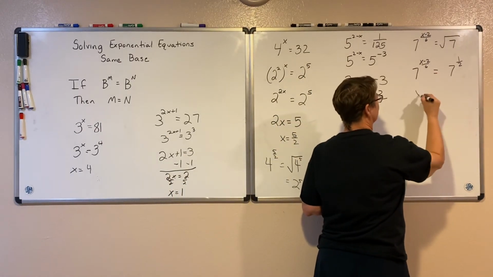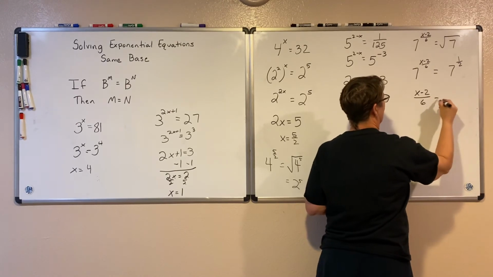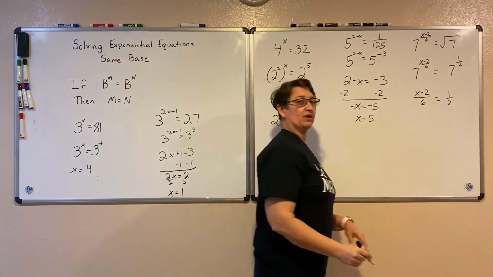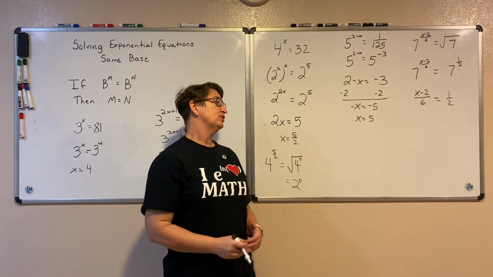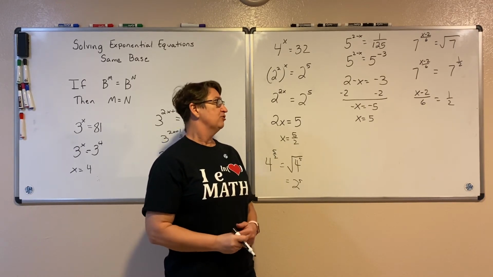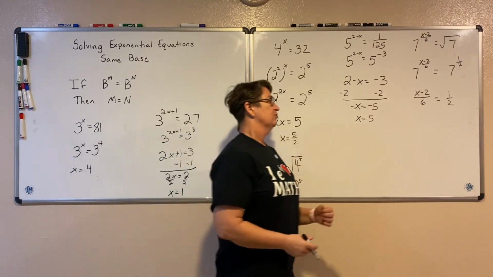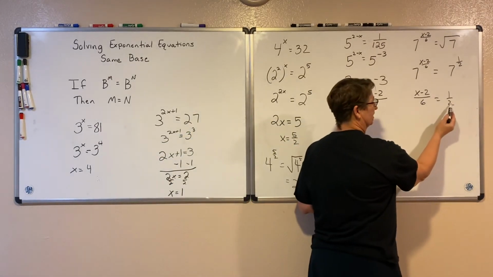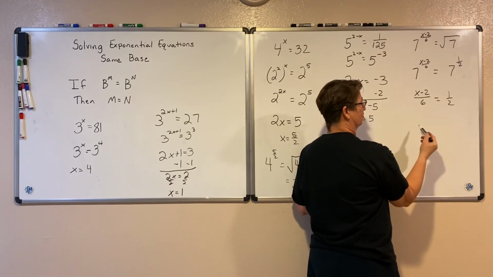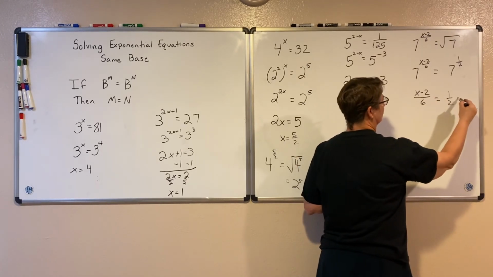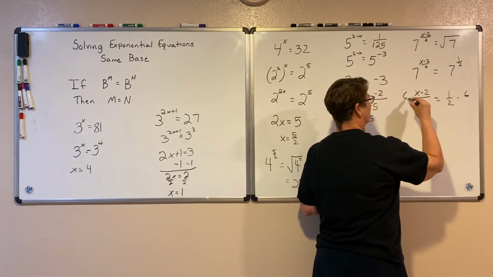Once I have their bases equal to one another, then I can set the exponents equal to one another and solve. Now, when we solve these, there's a couple of different ways to do it. Perhaps you get a common denominator, make this 3/6, and then set their numerators equal. Or you can multiply both sides by the least common denominator.